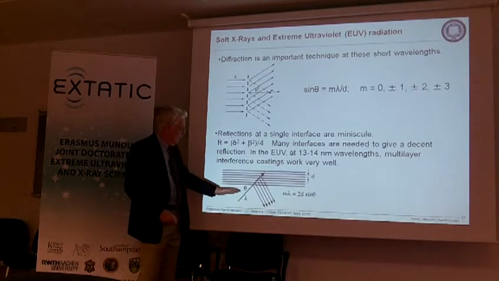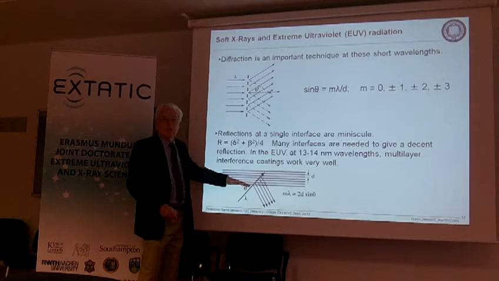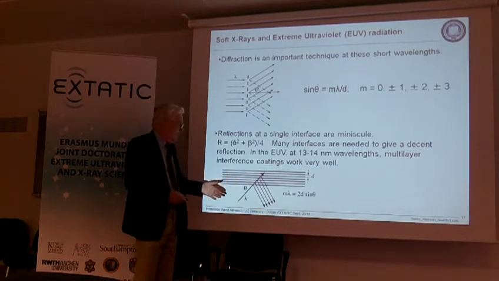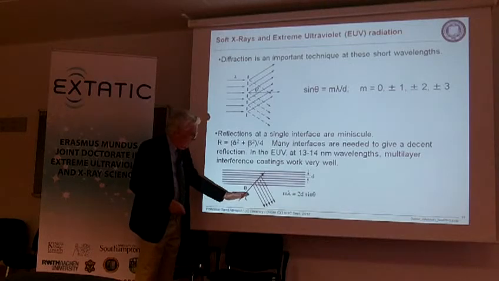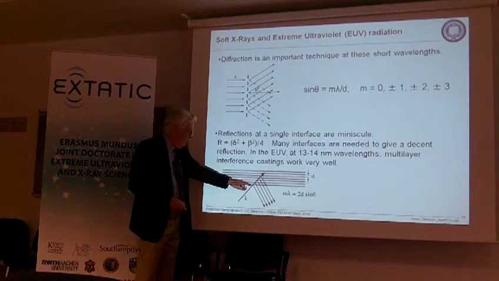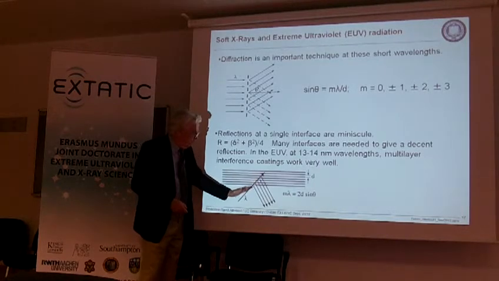But if you have a lot of surfaces, you make what's called a multilayer coating, and you get a positive reinforcement, a coherent interference effect. Then you can have radiation coming in, and although any one surface might have a very small reflection, for every pair you've got 2 interfaces. And so you run through these, you propagate in.